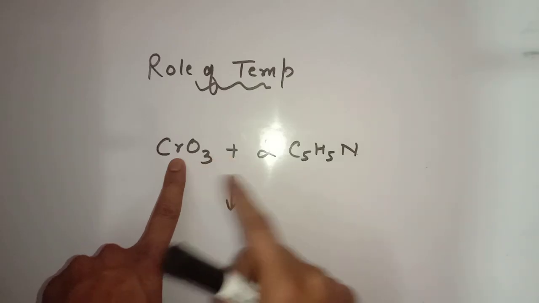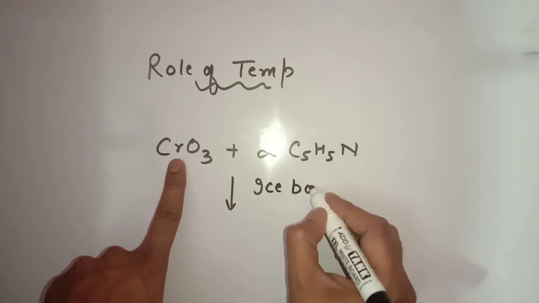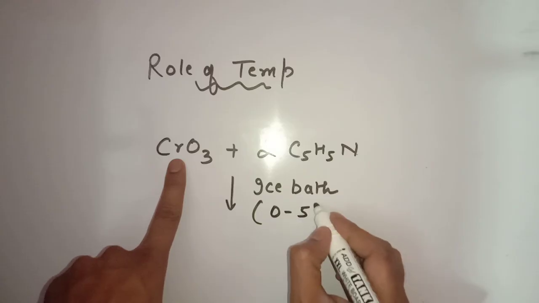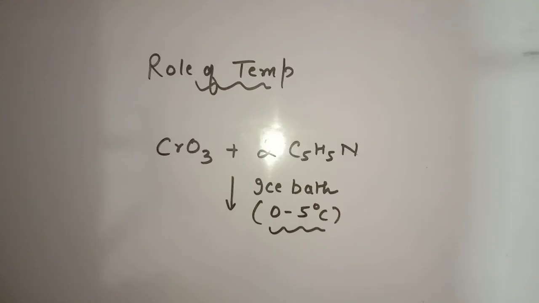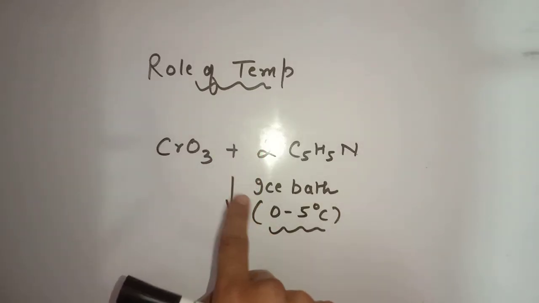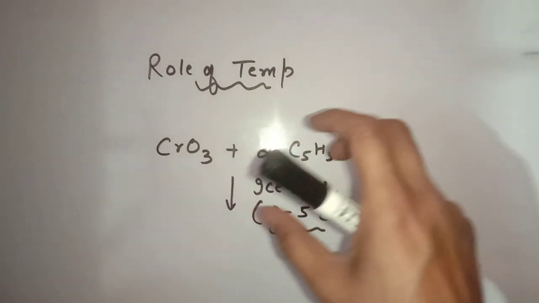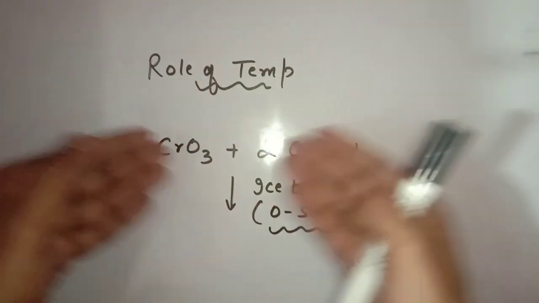That's why we carry out the reaction in an ice bath, due to which the temperature of the reaction will be maintained at 0 to 5 degrees Celsius. So Collin's reagent will be prepared at very low temperature, because heat energy is already getting evolved during this process.